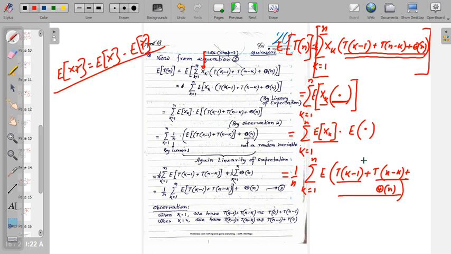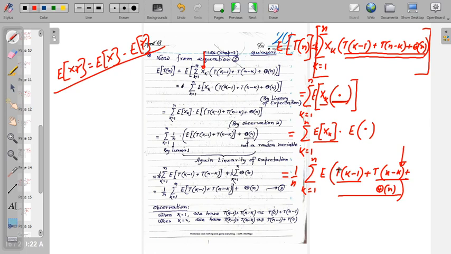So I can think of this as the expectation of this random variable, plus something, this theta n. This is not a random variable. This is theta n.